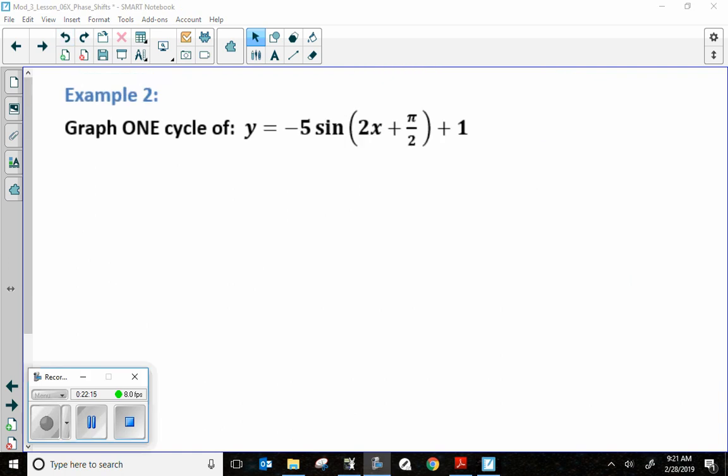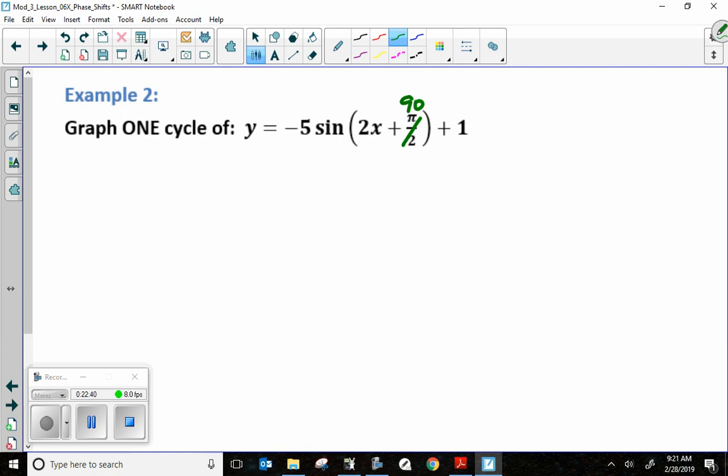Graph one cycle of negative 5 sine of 2x plus pi over 2 plus 1. Right away. I know this is 90 degrees. Boom. So I'm going to make this 90 to make it easier for myself. All right. Now I'm going to factor out my frequency.